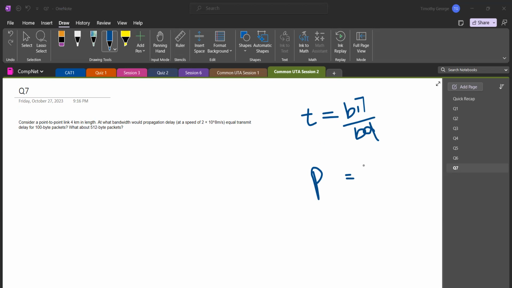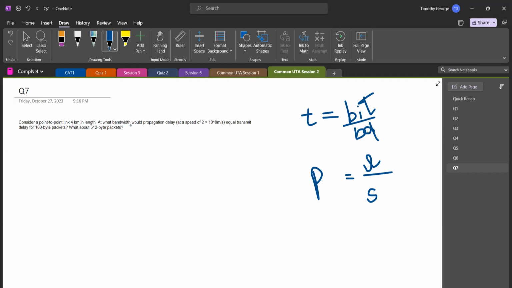What is there in propagation? You're looking at the length divided by the speed of light. Let me write this a little more clearly: this is bits, and this is P.